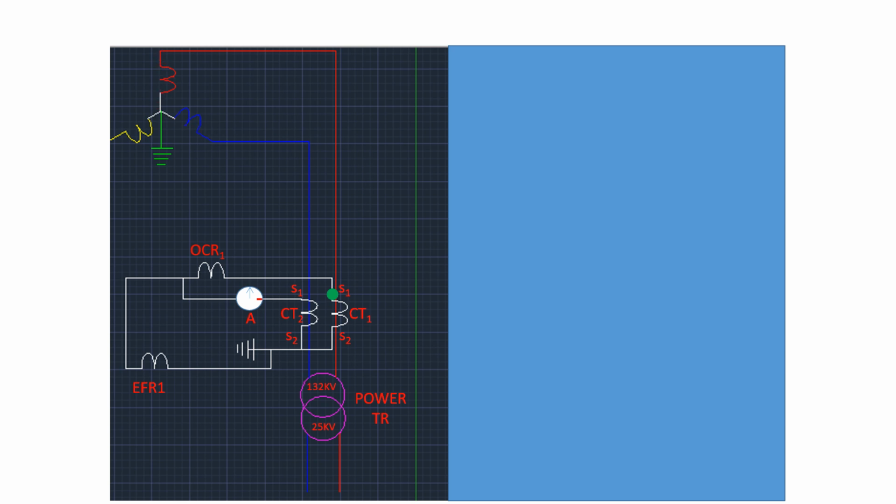We have seen the current flow from the grid supply system to the traction substation in the primary side of the power transformer. Now we'll see the current flow in the CT secondary.